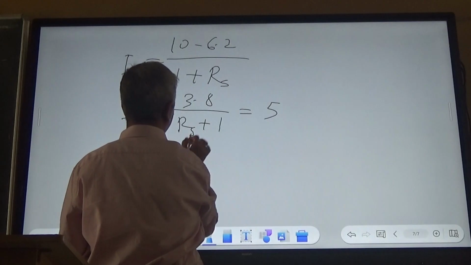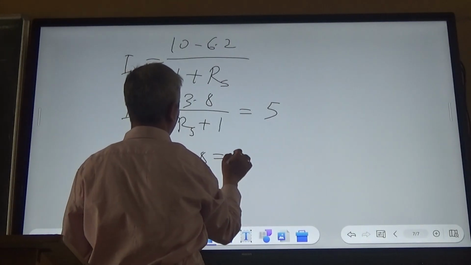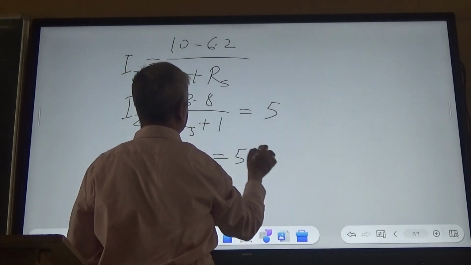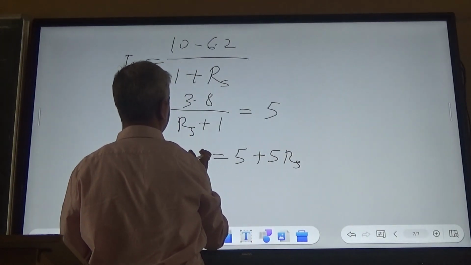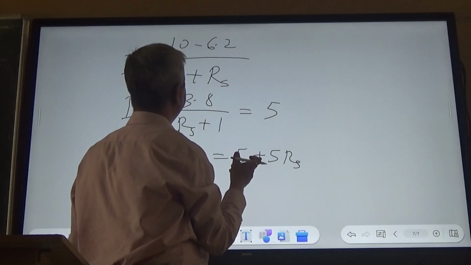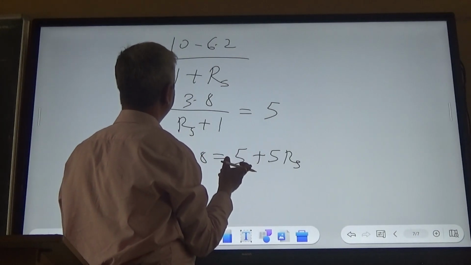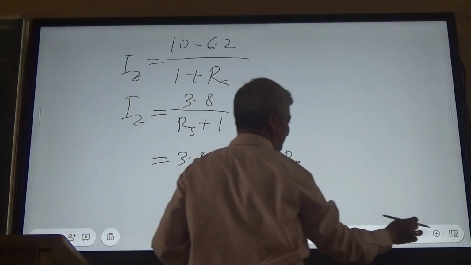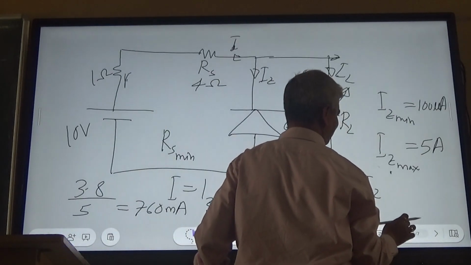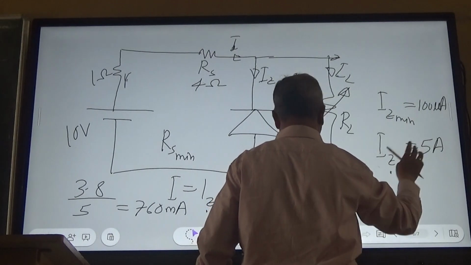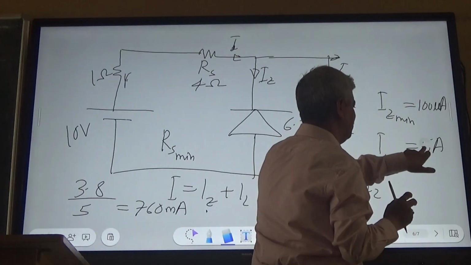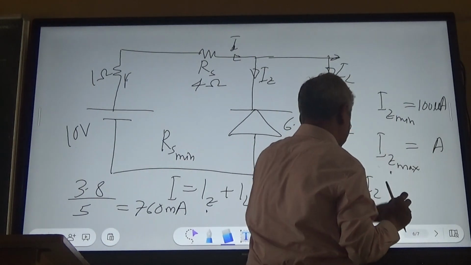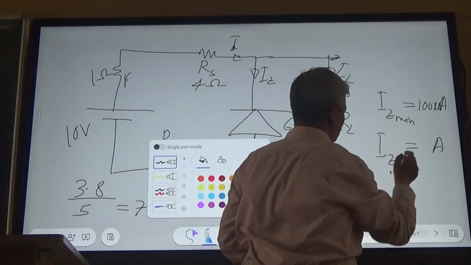So 3.8 should be equal to 5 plus 5 Rs. Sorry, the value itself is wrong. It's not possible. Let us say it is 2.